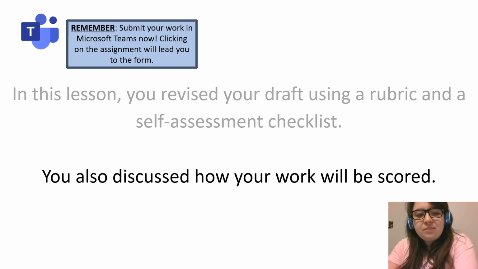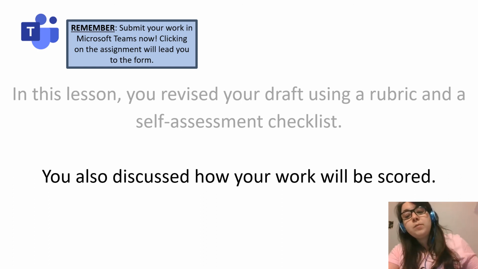Now, in this lesson, you revised your draft using a rubric and a self-assessment checklist. If it said you need it, then make that revision. Make sure those things are added in there. Make sure that it's clear. You also discussed how your work would be scored.